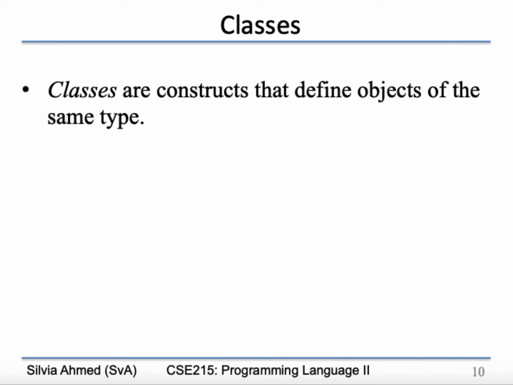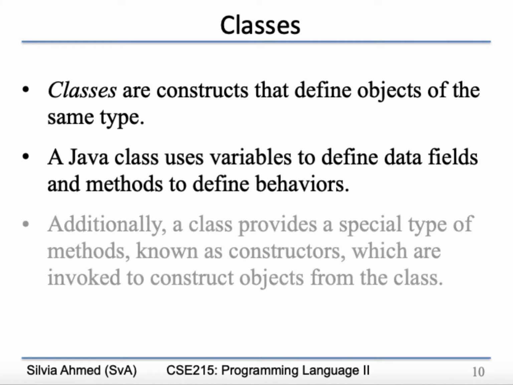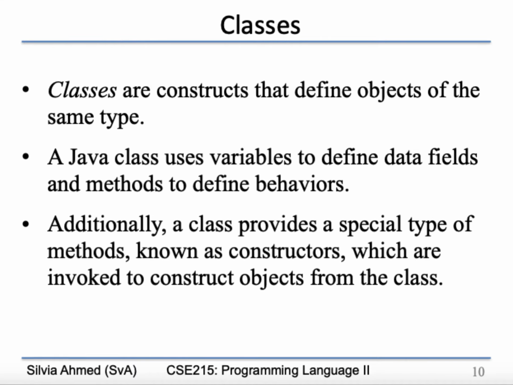Classes are constructs that define objects of the same type. So in our Java program, we need to write the code for similar types of objects once, and that code is called a class. A Java class uses variables to define data fields and methods to define the object behaviors. Additionally, a class provides a special type of method known as constructors, which are invoked to construct objects from the class.